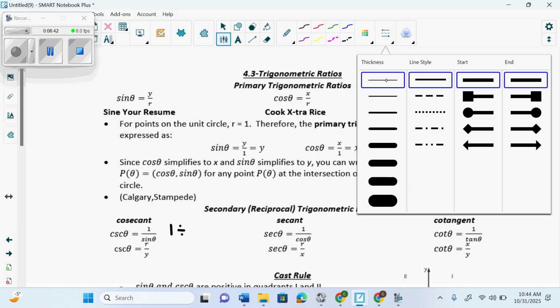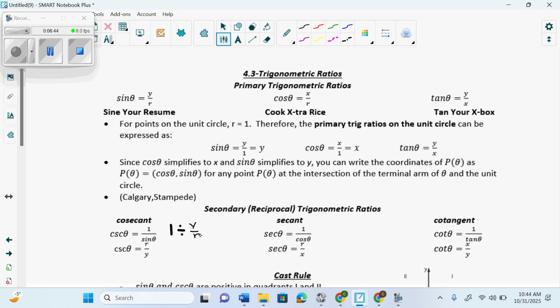So it'd be 1 divided by y over r, which is actually the same as 1 times r over y, which equals r over y. So because cosecant is the reciprocal trig identity to sine, it's 1 over sine, if sine is y over r, cosecant is r over y. They flip. That's all that happens. They are called the secondary trig ratios or the reciprocal trig identity.